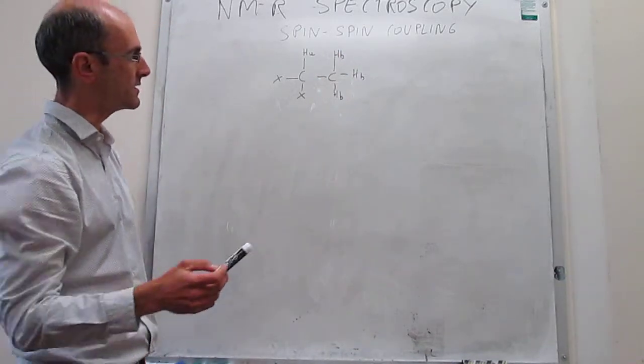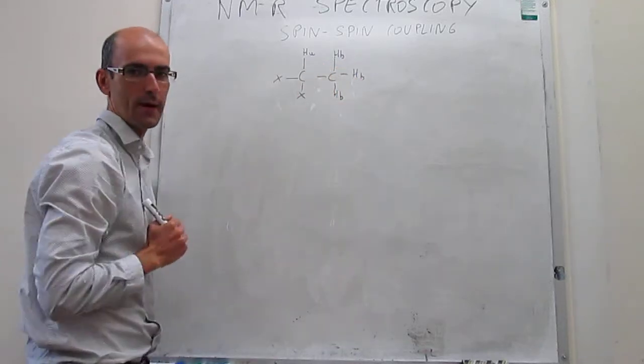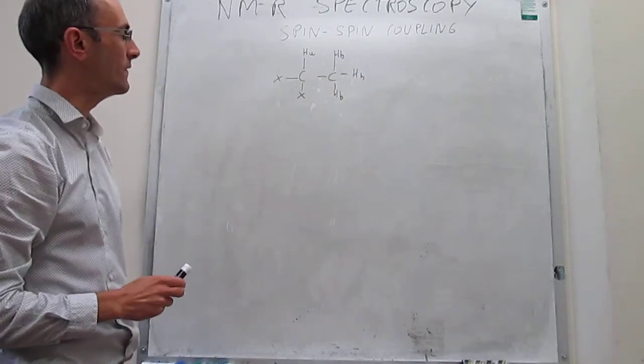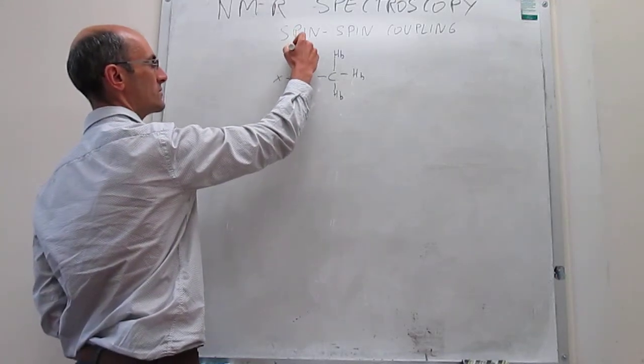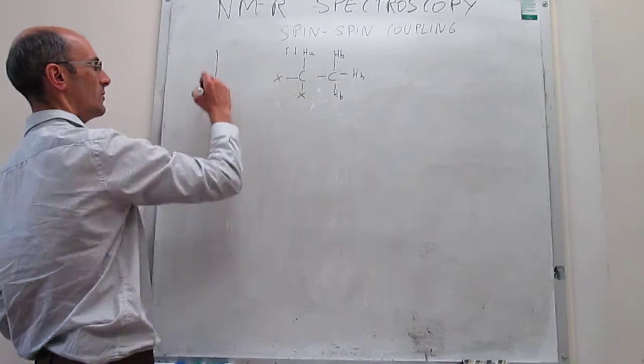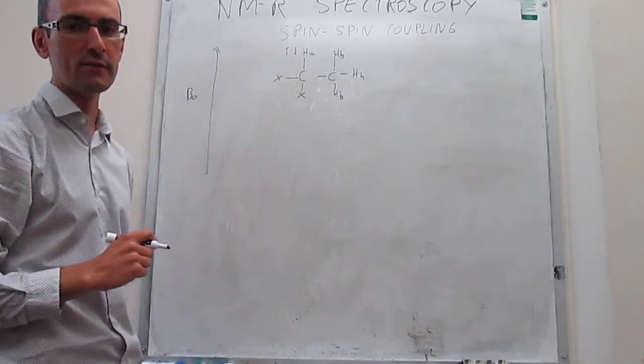First, the signal of HB is going to be straightforward if you have seen the prior videos, because the signal of HB is split by HA. We know that the HA nuclei can be spinning in two directions, towards the field or against the field, and each happens approximately 50% of the time.